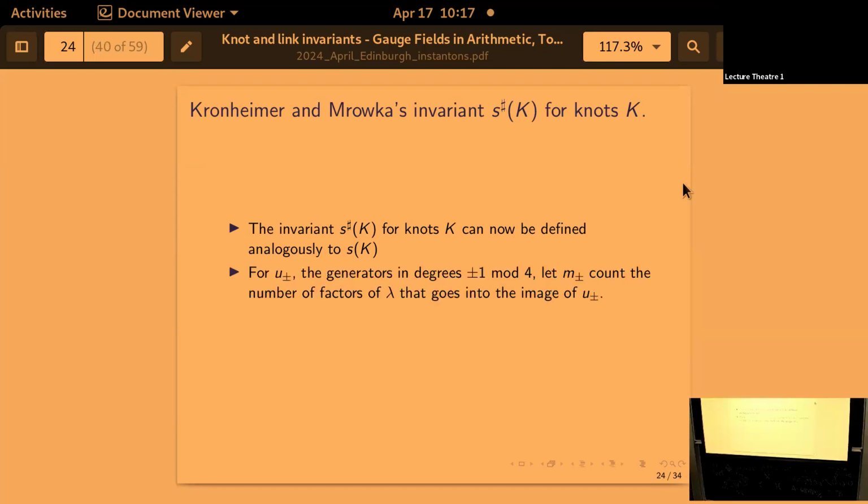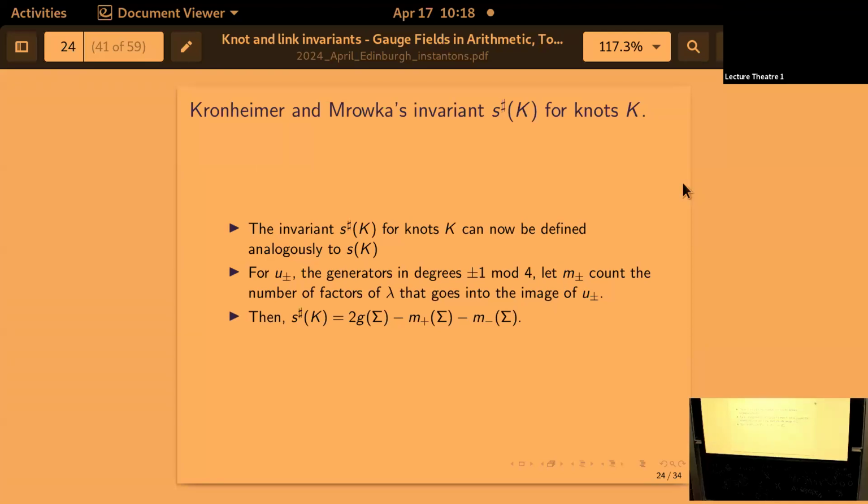which is basically you do the same thing as the way we defined the Rasmussen invariant, where given a knot in S3, you look at the map on the level of these twisted instantons, and then count how many factors of lambda you pick up minus the genus.